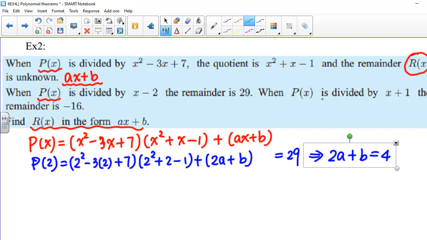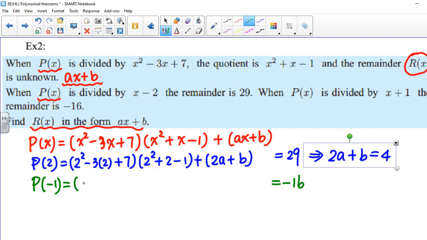The third sentence is, if this p of x is divided by a linear binomial again, x plus 1, the remainder is negative 16. We can use the remainder theorem again. So p of negative 1 should be negative 16. We replace x in this polynomial model with negative 1.